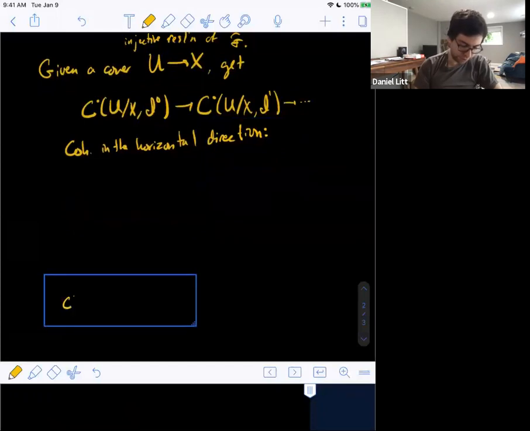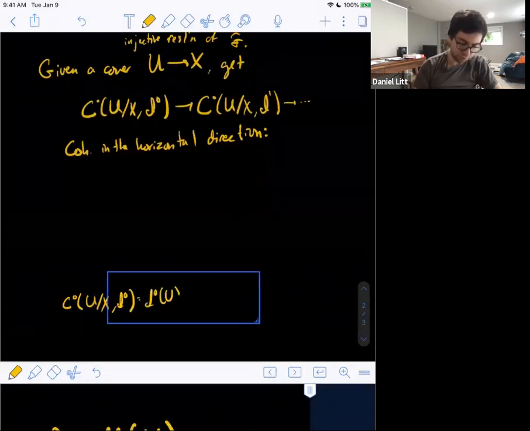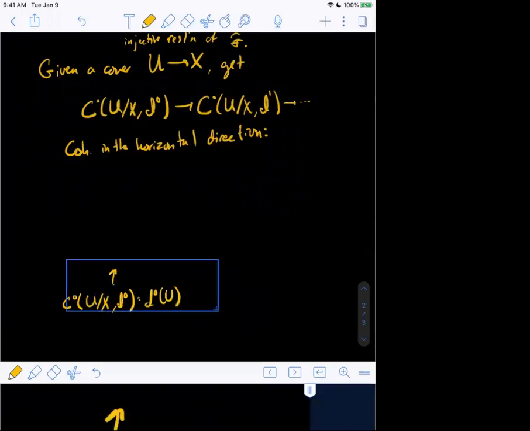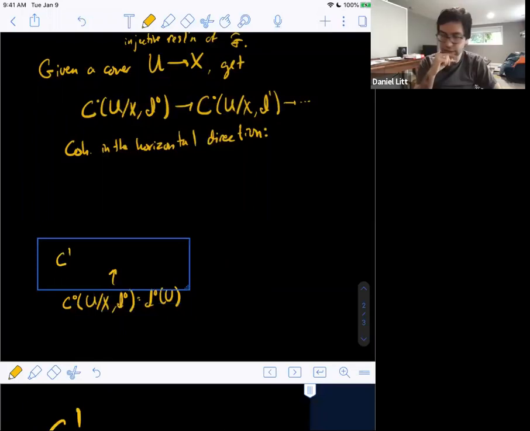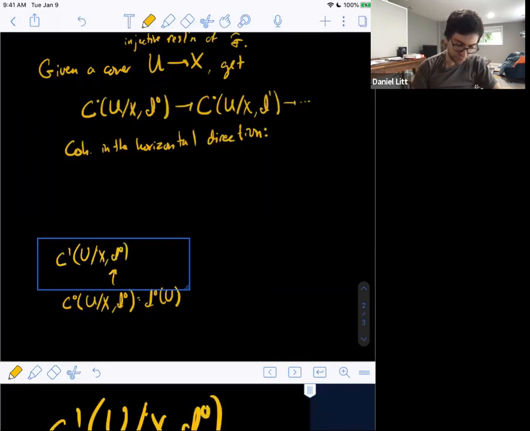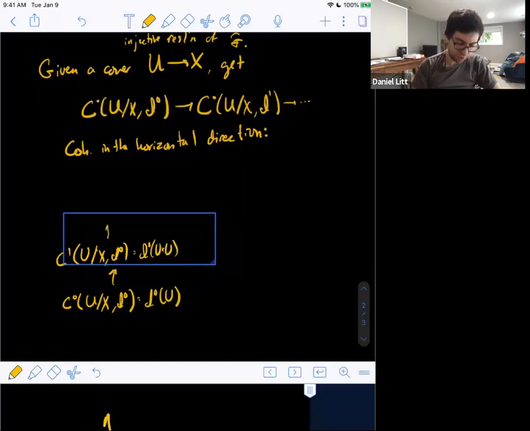First we get C0 of U over X, I0. So that's just I0 of U, right? Is it going to be the Čech complex of the cohomologies? Yeah, that's exactly right. But let me write a little bit since Arvin requested it. Here we get I0 again. So this is I0 of U cross U, and so on.